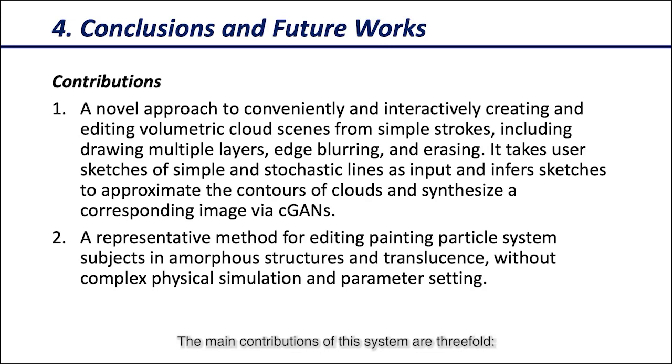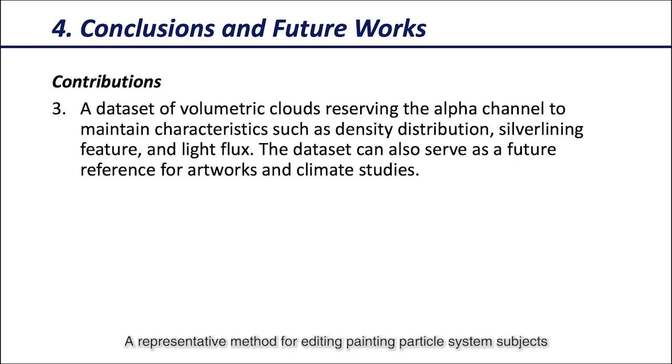The main contributions of this system are threefold. First, a novel approach to conveniently and interactively creating and editing volumetric cloud scenes from simple strokes, including drawing multiple layers, edge blurring, and erasing. It takes user sketches of simple and stochastic lines as input, infers sketches to approximate the contours of clouds, and synthesizes a corresponding image via C-GANs. Second, a representative method for editing and painting particle system subjects in amorphous structures and translucence, without complex physical simulation and parameter setting.